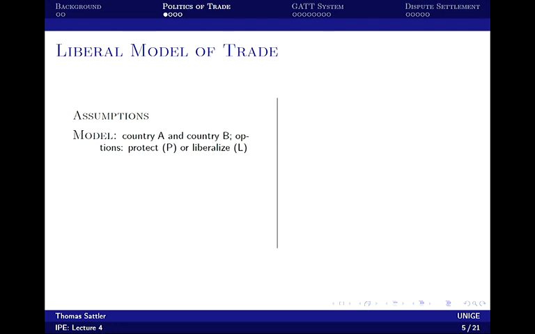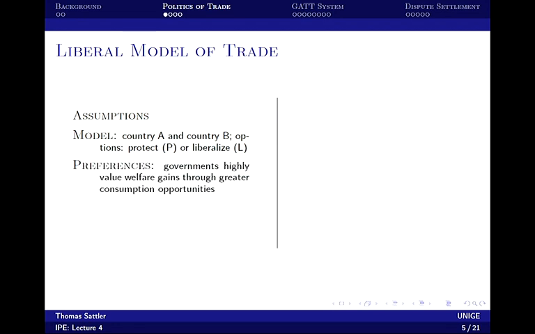It basically represents a classic liberal view on international trade, as we discussed in the second week, by Ricardo, Adam Smith, and so on. So suppose we have two countries and they have two options. Each country can either protect or liberalize. Liberalize means we abolish tariffs and we have free trade.